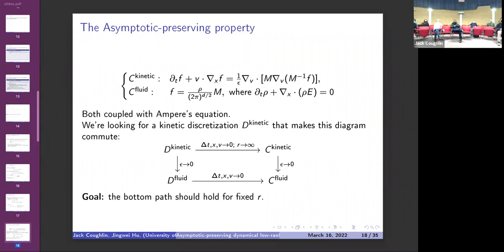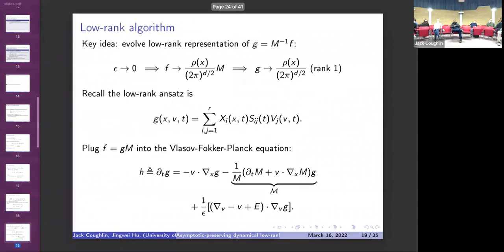So earlier I was saying that the Maxwellian is not a low rank function. And so without any trick, we're going to have a problem achieving this convergence for some small r. So what do we do? Instead of evolving f in the low rank form, we're going to evolve g, and we define this auxiliary function g to be f divided by m.